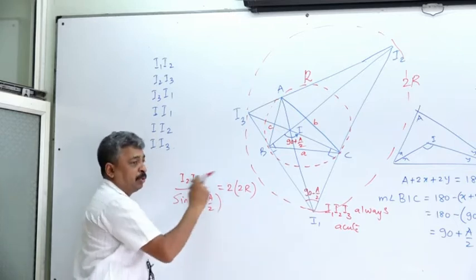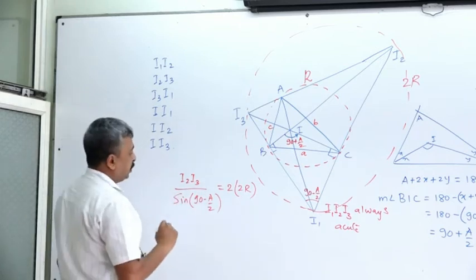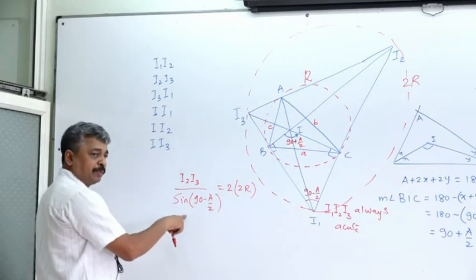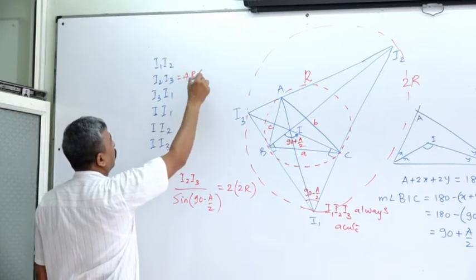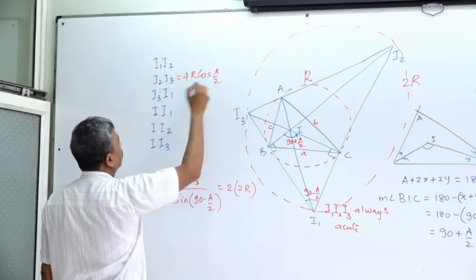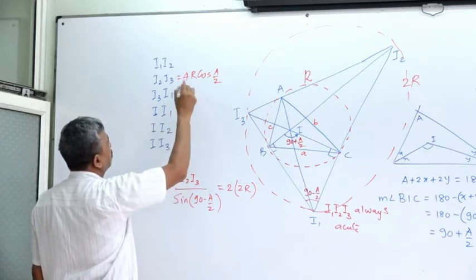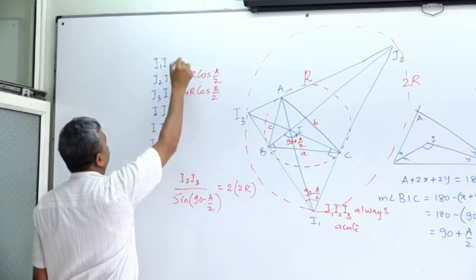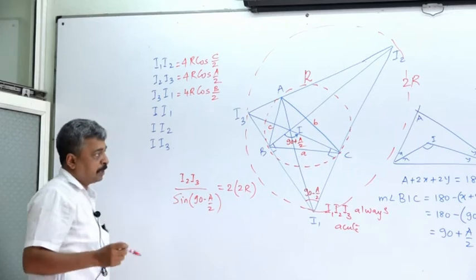So this is the sine rule for I1, I2, I3, which gives me directly I2 I3 is equal to 4r cos A by 2. Do you understand? 4r cos A by 2, and therefore this will be equal to 4r cos B by 2. This will be equal to 4r cos C by 2. Right?